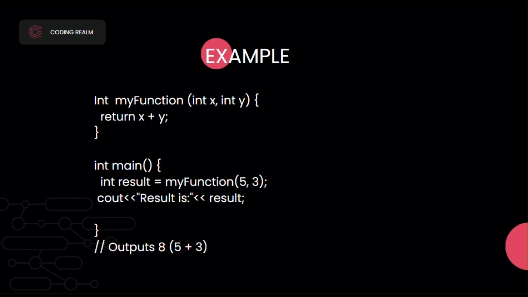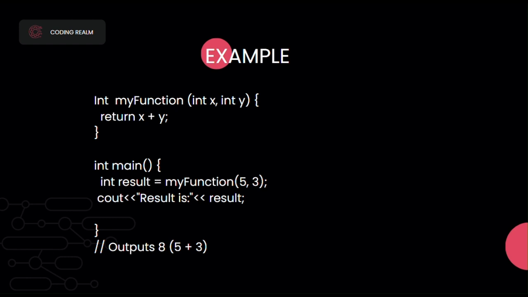In this example, I need to declare a function that has the name myFunction, and we have two parameters, x and y. x and y are two integers, and I need to find the sum of these two parameters. Here the return is the sum of the two parameters x and y. The return is x plus y.